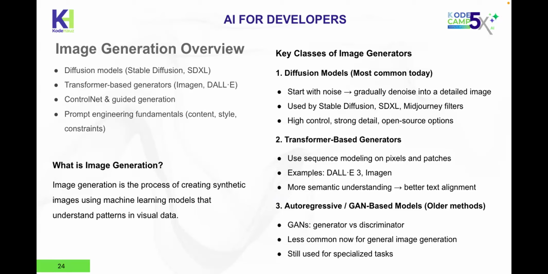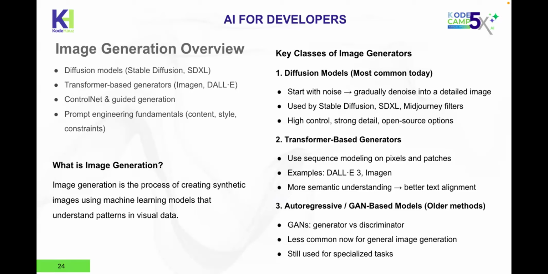So stable diffusion is one of the foremost or most popular image generation models that uses this diffusion approach, right? You have other ones, you have Midjourney, you have SDXL, right? The beauty of these diffusion models is that you have a lot of control over what it generates or how it generates it, right?